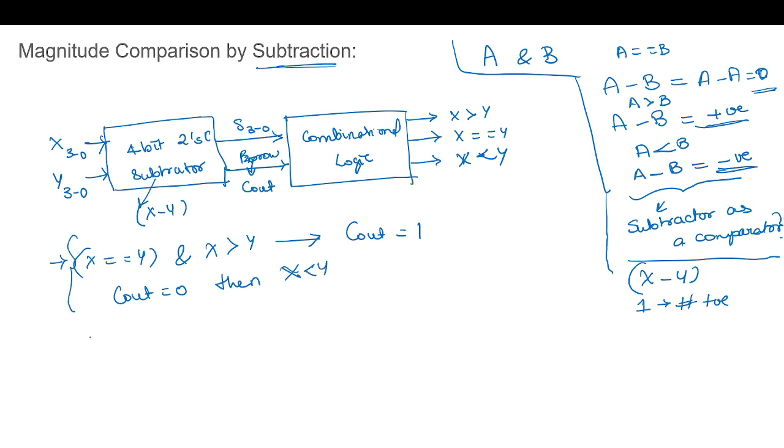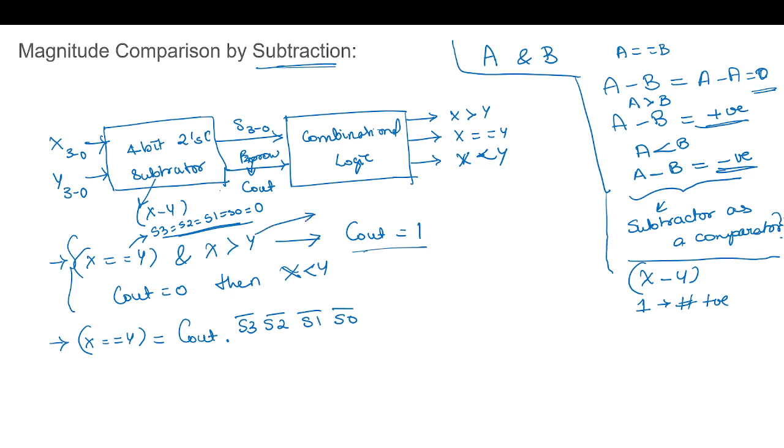So with this, can we come up with a condition for X equal to Y? At this time, we want Cout to be 1 and we want S3, S2, S1, S0 all to be 0. So we have S3 complement, S2 complement, S1 complement, S0 complement, because we have two conditions, one being Cout is 1.